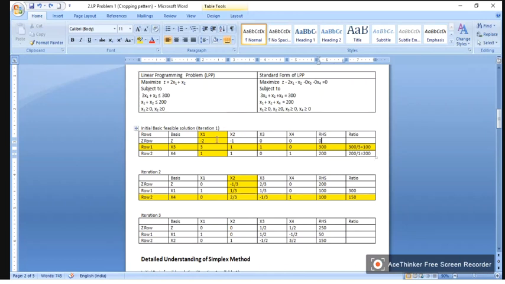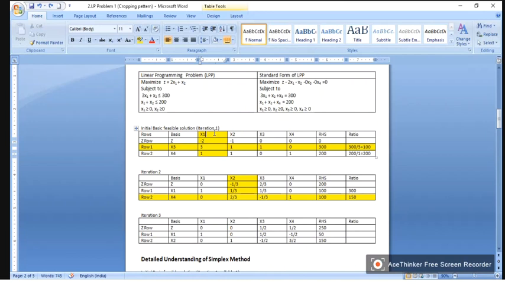So we have to check the non-basic variable whose coefficient is the maximum negative value. In this case, x1 has the maximum negative value, that is -2. It means that if x1 enters the basis, the z value can improve.